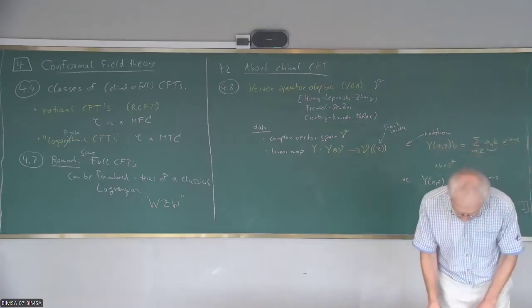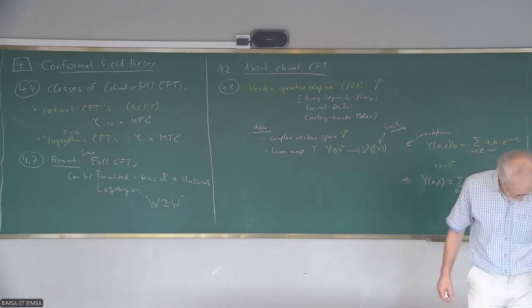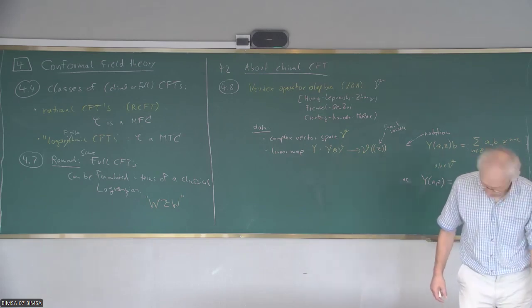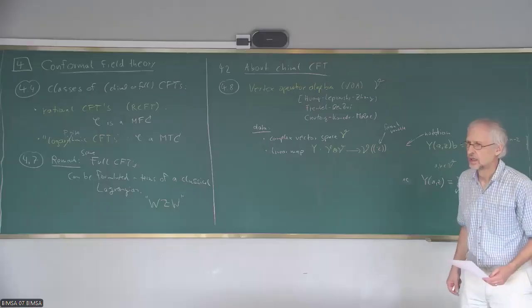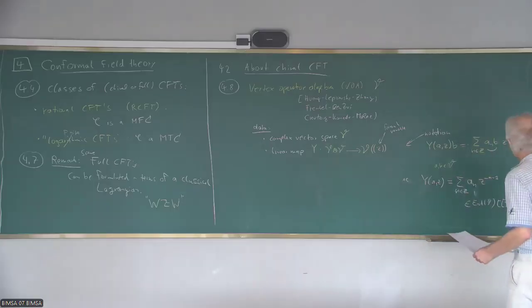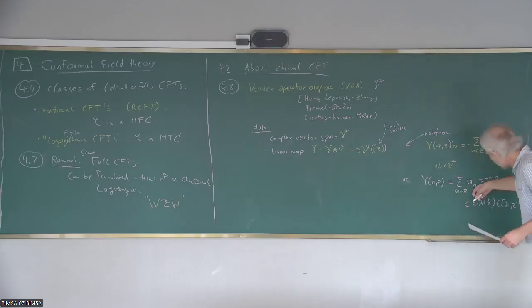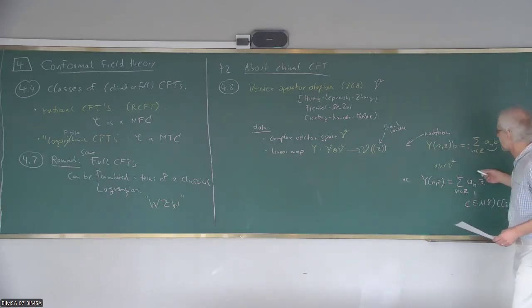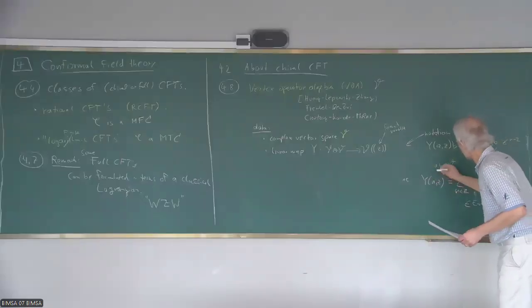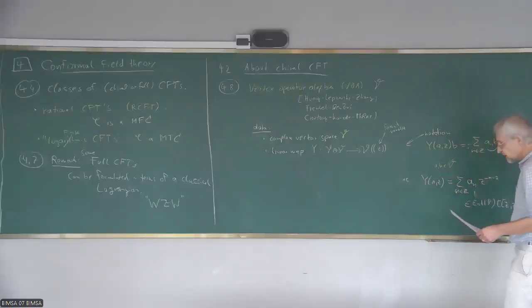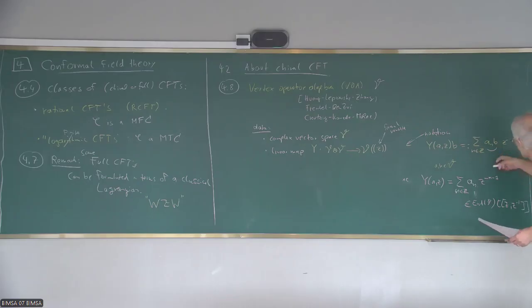And what is the relation between A and the coefficient A_n? Well, these endomorphisms are defined by saying that Y of A and Z applied to B, for given B, can be expanded in this way.